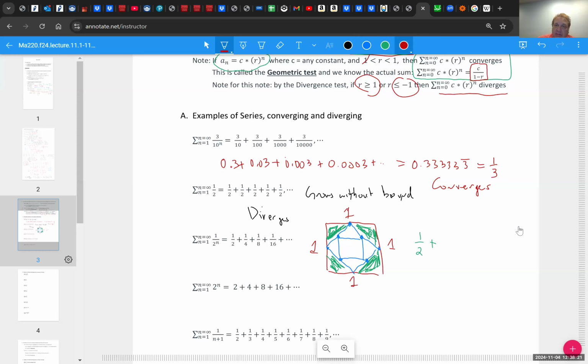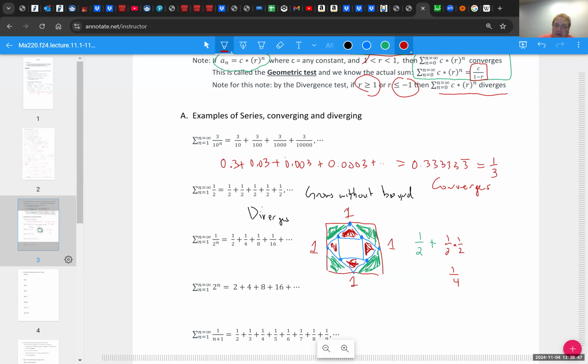So I'll do this here in red. The outside portions are going to be half of this inside square. They're going to be a half of a half, or in other words, 1/4. So I shaded this outside area in green and got a half.